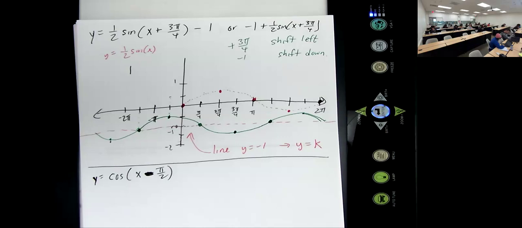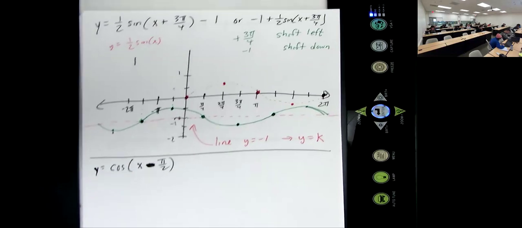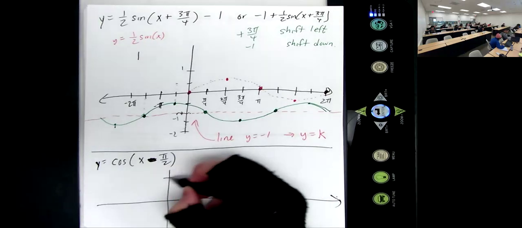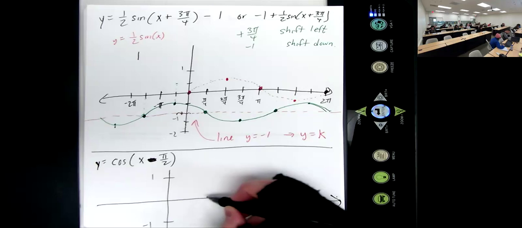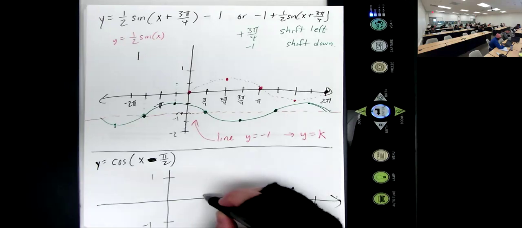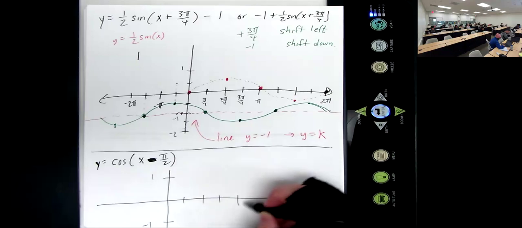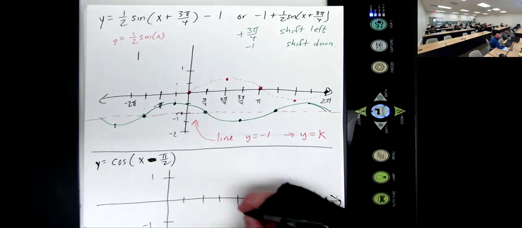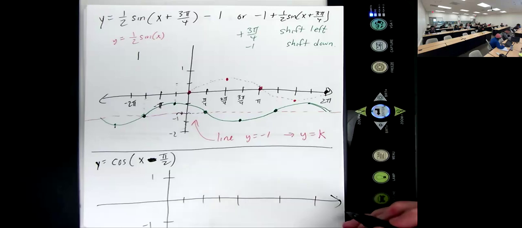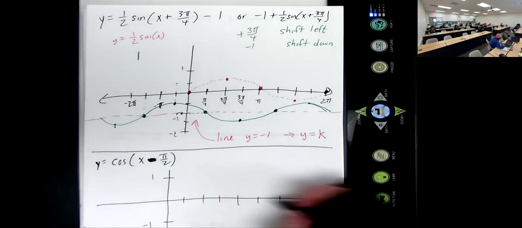Well, actually a much more straightforward one than the other ones. Give myself room there, so I'm going to do this.